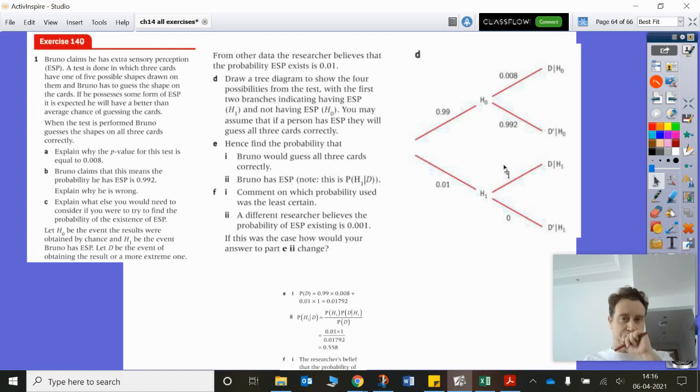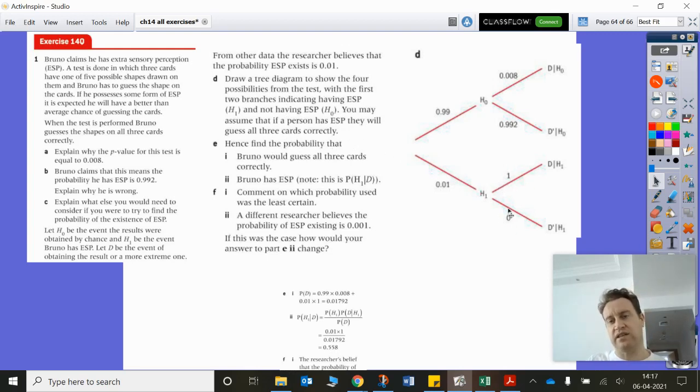Okay. So then we also have the probability that we decide that he's got it, given that he does have it, that he is one of those 1% of the population. Well, if he has got ESP, they tell us that you may assume that he will guess all 3 cards correctly. So that's 1 there.